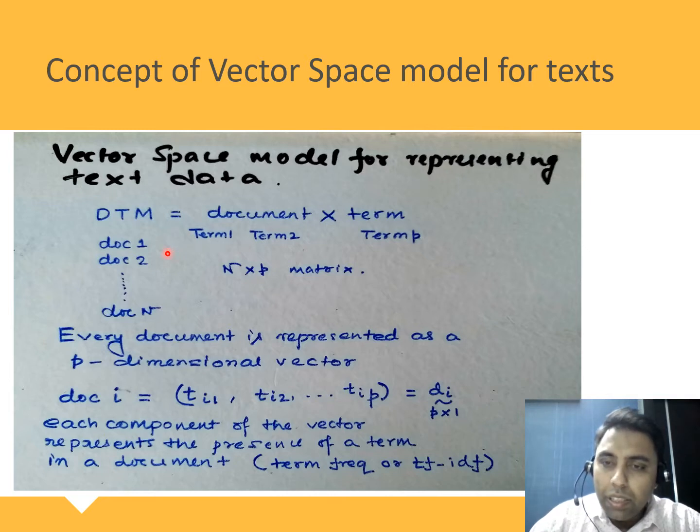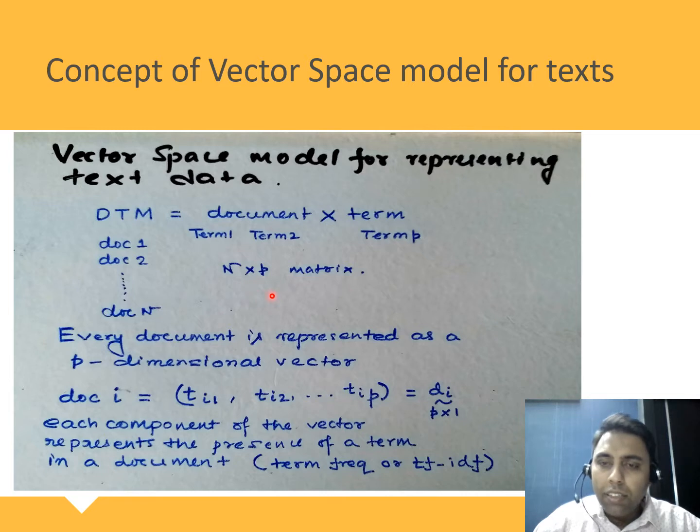It's basically the documents and the terms organized in the form of rows and columns, where the rows are the documents and the columns are the terms, and the number of rows equals the total number of documents that you're dealing with, that is the size of your data, your sample size, and the number of columns equals the unique number of terms in the data.